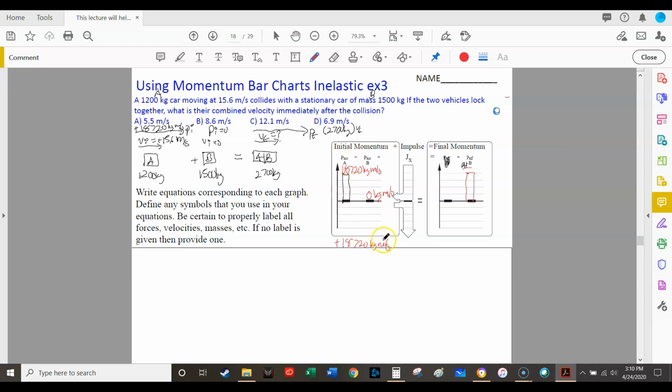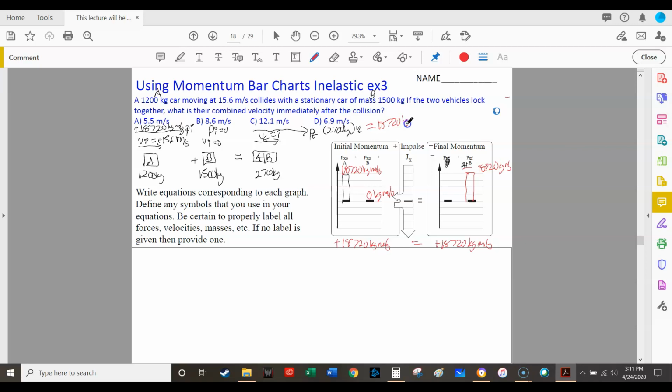This plus 0 is this, right? Well, that's got to work out to also be 18,720 kilogram meters per second. The only way that could happen is with these two combined masses having a total momentum of that.